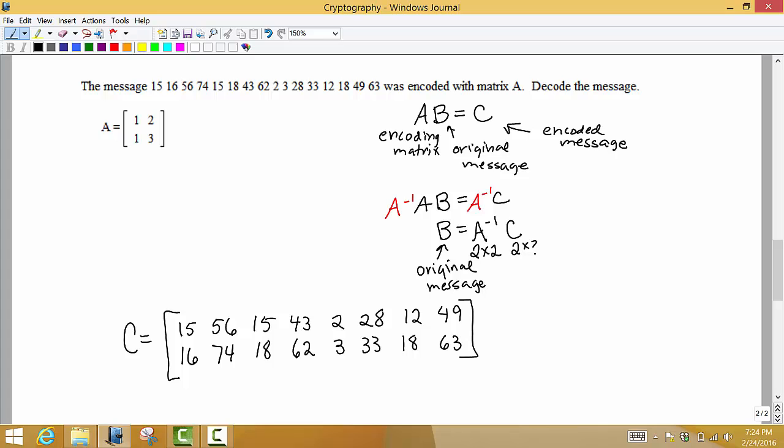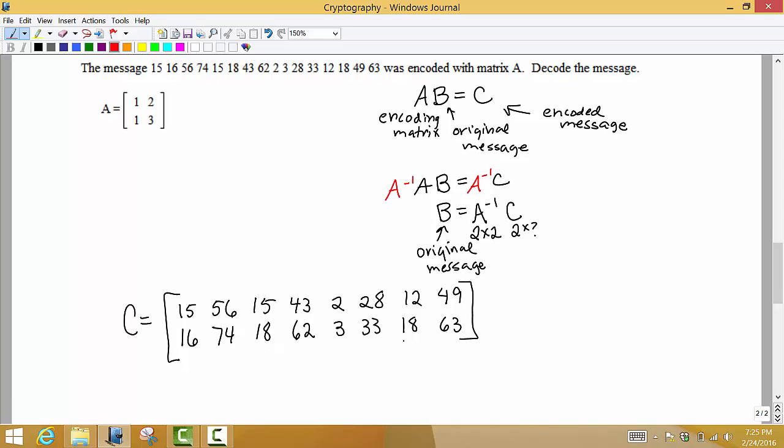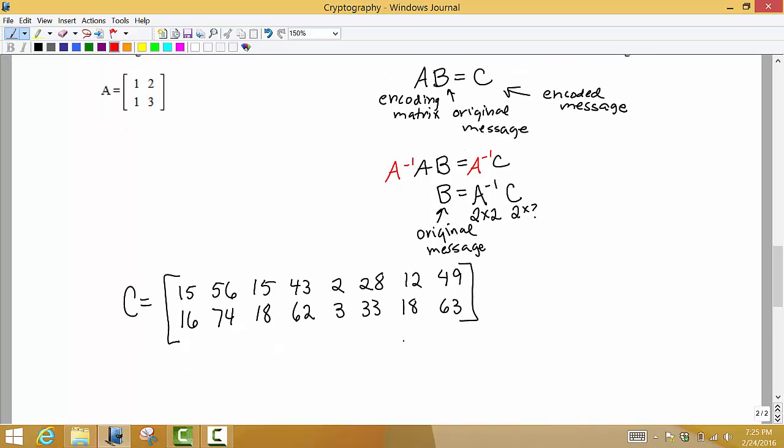So once again, and you should already have this one in your calculator, what we want to do is put matrix A and matrix C in our calculator, so we want to type those into the matrix using that matrix button. Once we have those two in our calculator, then we can take A inverse, like we said.